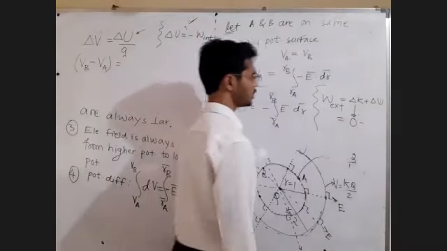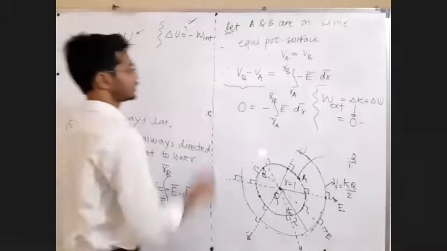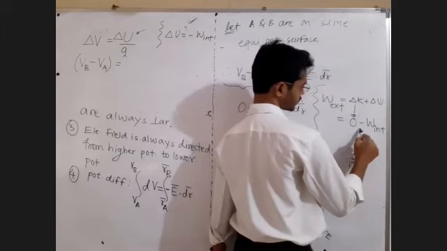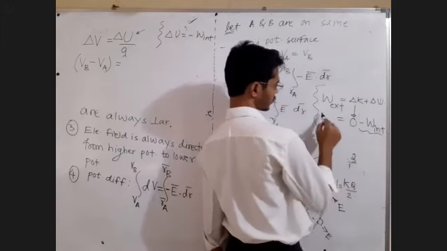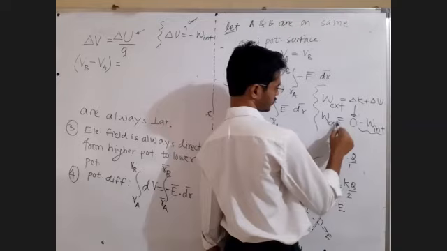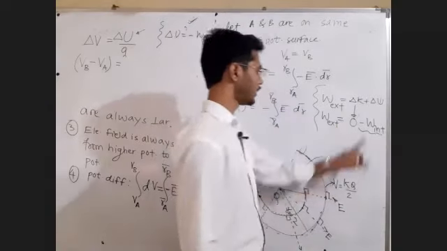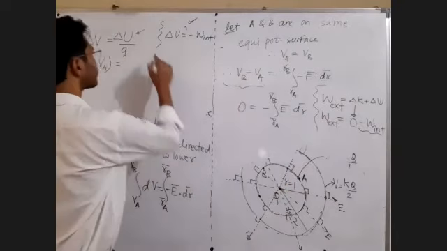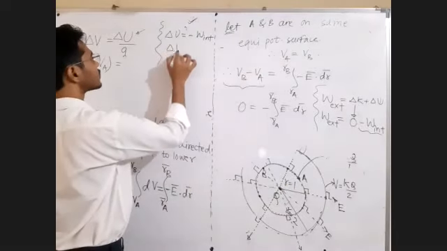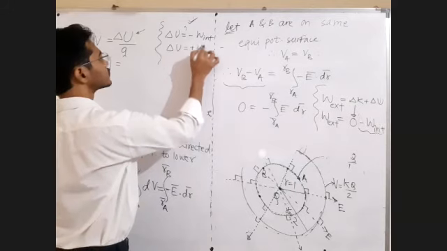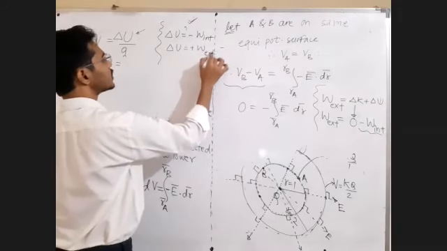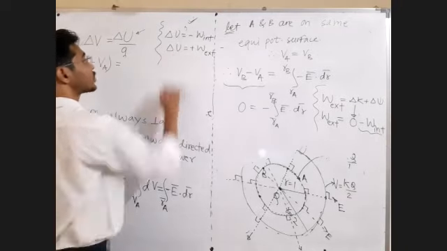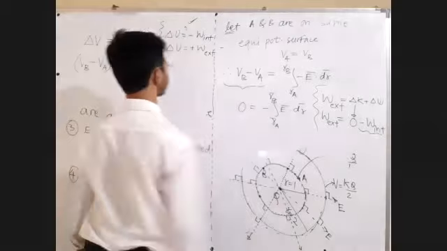Change in potential energy is always negative of work done by internal forces. In this special situation, negative W internal is positive W external. So entire external work will be spent in changing the potential energy because you are not accelerating the charge.